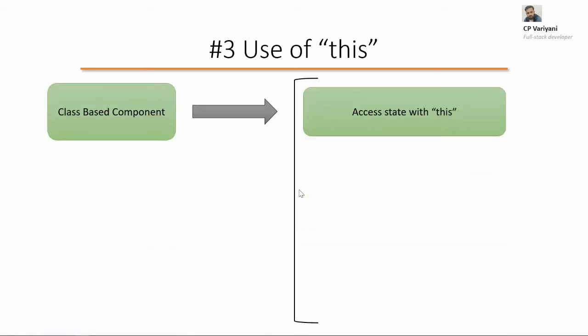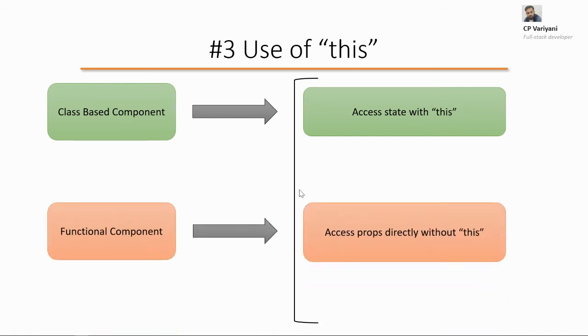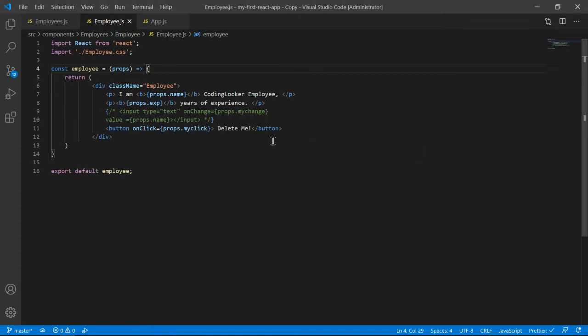Next, the use of this. For the class-based component, you have to make use of this whenever you are trying to access props or the state. But in case of a functional component, you actually do not need to use this. Again, let's figure it out in the code. This is our functional one. Here I'm directly using props.name, props.exp, whatever the parameter name is.